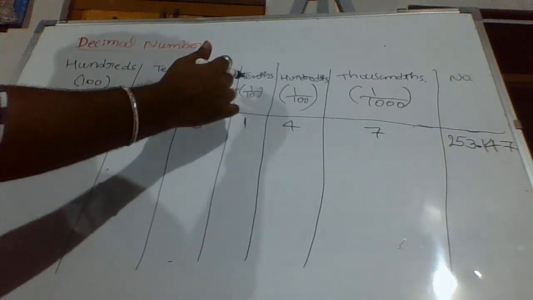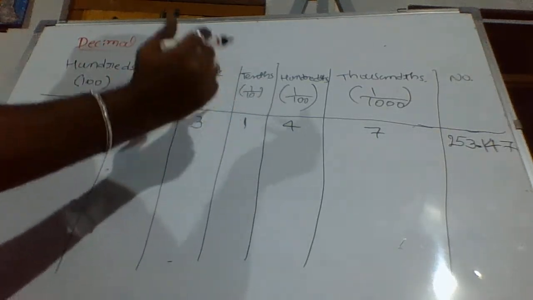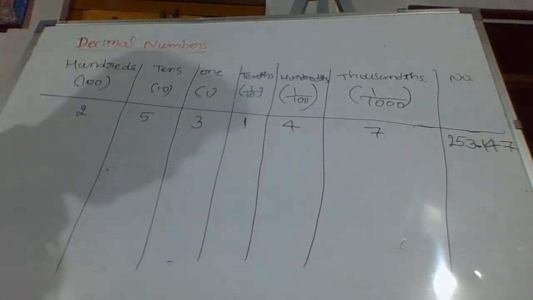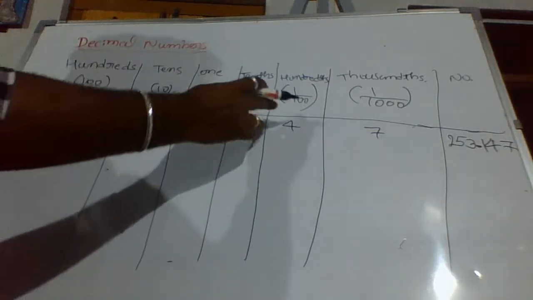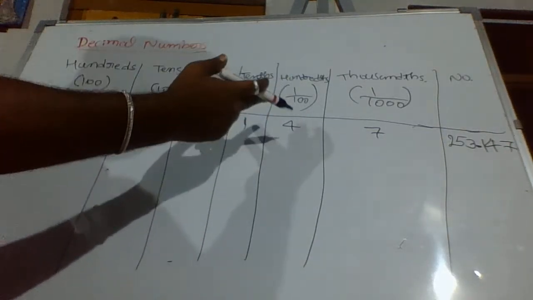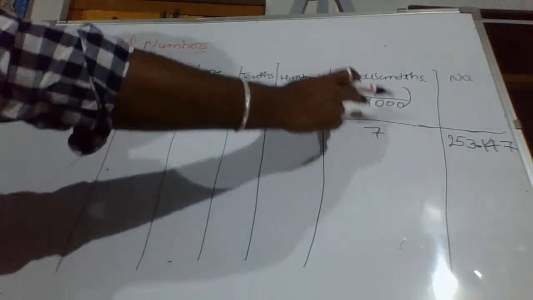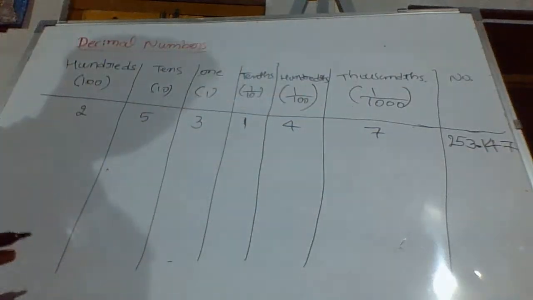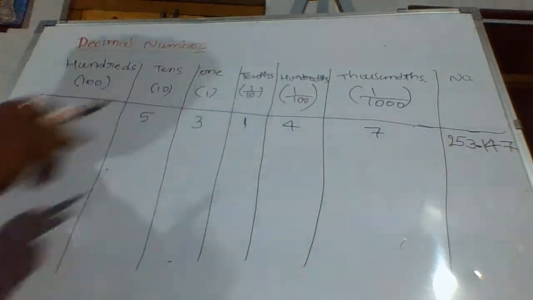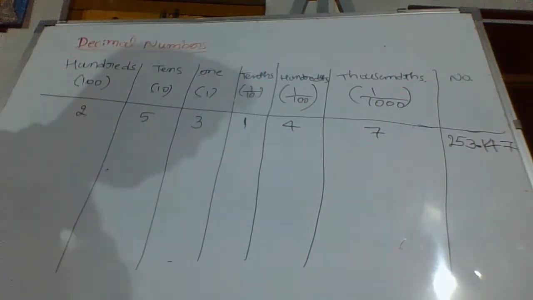The 1 is at the 1 by 10th position, so we write it first, therefore 1. Next the hundredths position comes after the tenths position, therefore 4. Next is 7, because 7 is at the thousandths position, therefore 147. So 253.147.